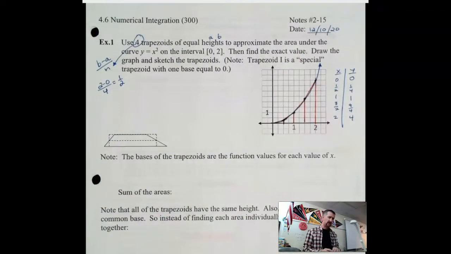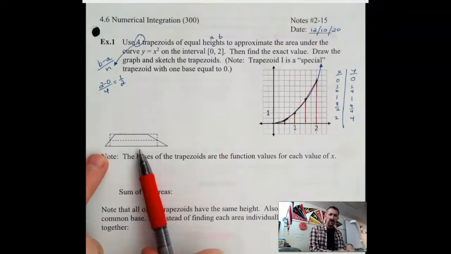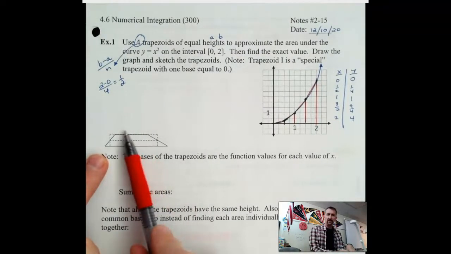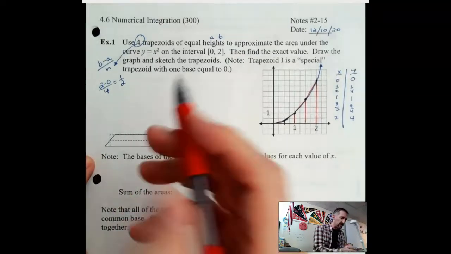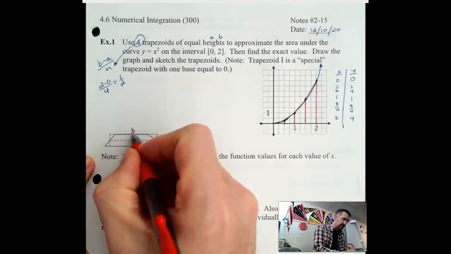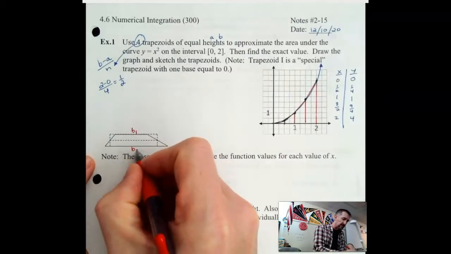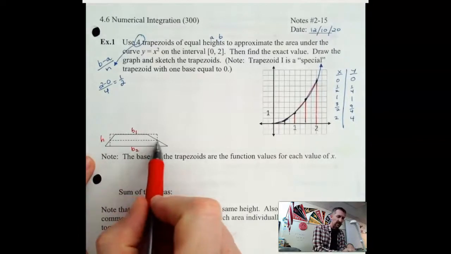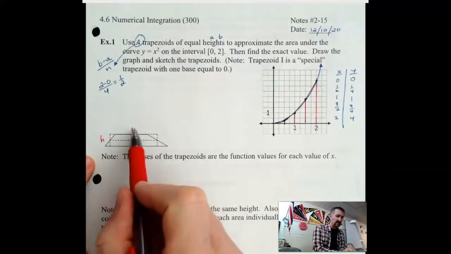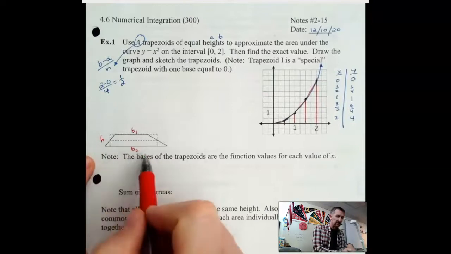So if we look at these trapezoids, for those of you who had me for honors geometry, I copied this picture out of our geometry notes. When we find the area of a trapezoid, this is base 1 up here, this is base 2, and this is the height. That's called the mid-segment of the trapezoid, and it's going to be the average of these two bases.